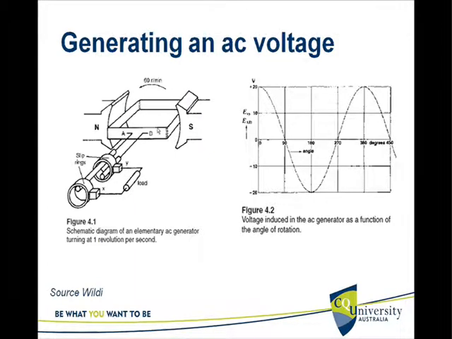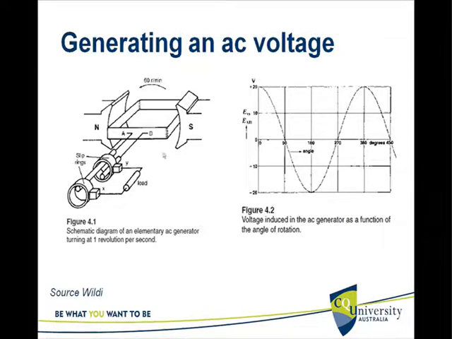Because of that basic principle, we will be generating a sinusoidal voltage like shown in this graph at the outputs of the brushes, which is acting on the load. So as we know, this is an AC voltage. So this is a very basic AC generator.